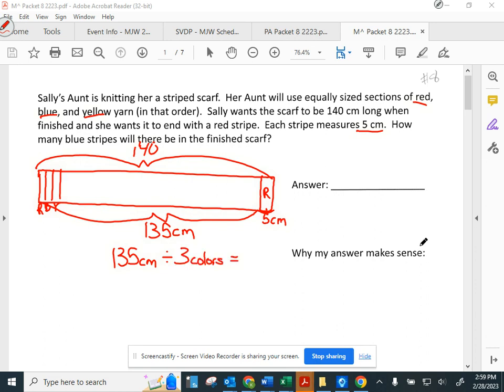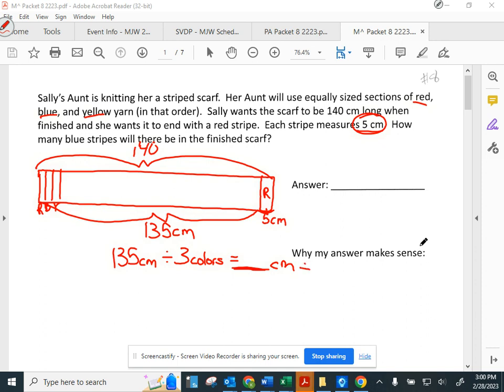And I'm going to get an answer in centimeters. How many centimeters are left for each color? But that's not how many sections of color there are, that's how many centimeters we have for that color. So that answer is just telling us how many centimeters we have of one of the color chunks. Well, there are 5 centimeters for each stripe.